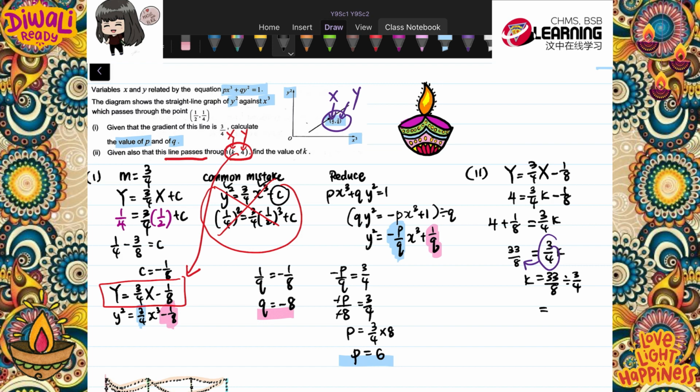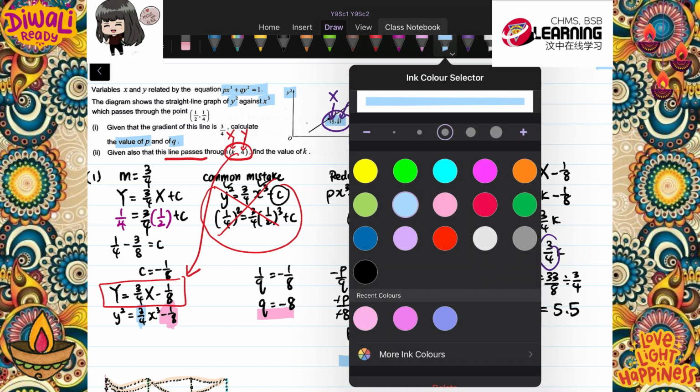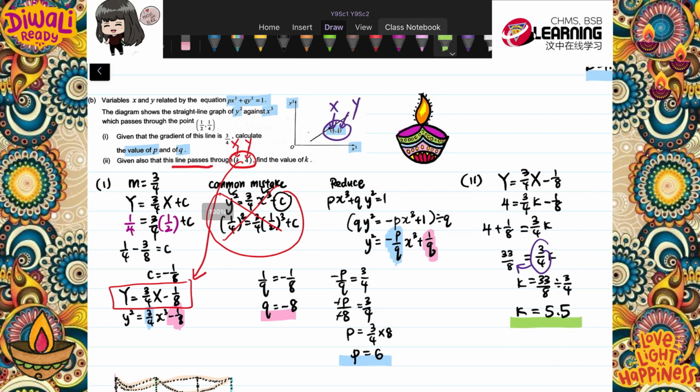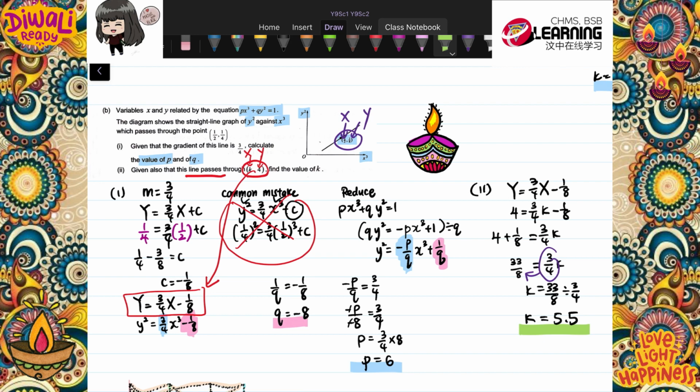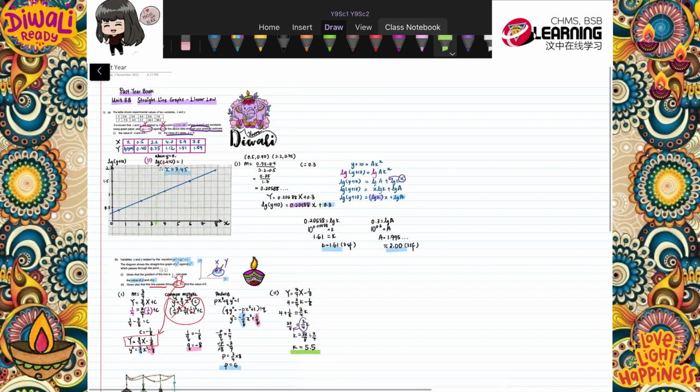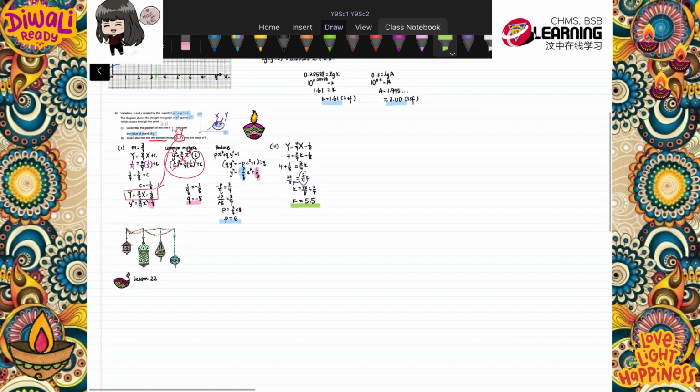So my K, you press the calculator, is 5.5. Correct or wrong? You decide. I don't know whether it's correct or wrong. Maybe I purposely calculated wrong, who knows? So that's question number 12. I've done my question number 12 now.